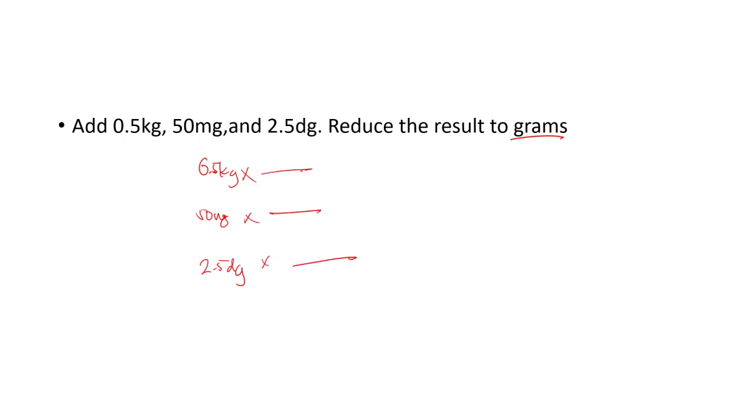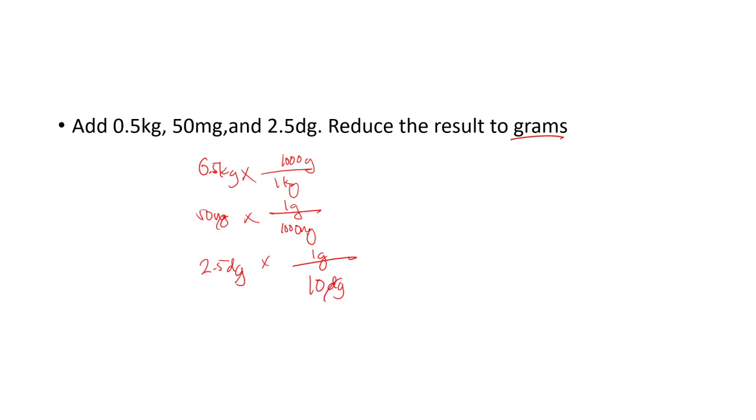Okay, so 1 kilogram is 1000 grams. 1000 milligrams is 1 gram, while 10 decigrams is 1 gram.